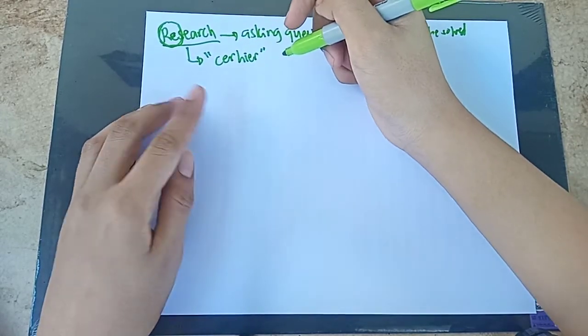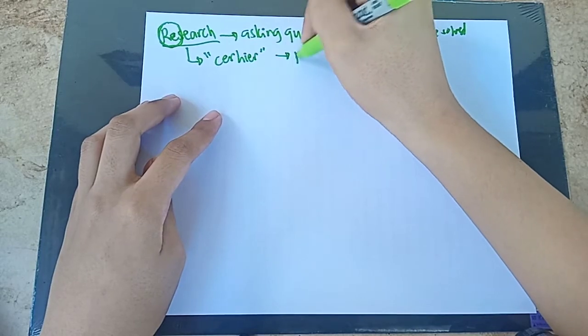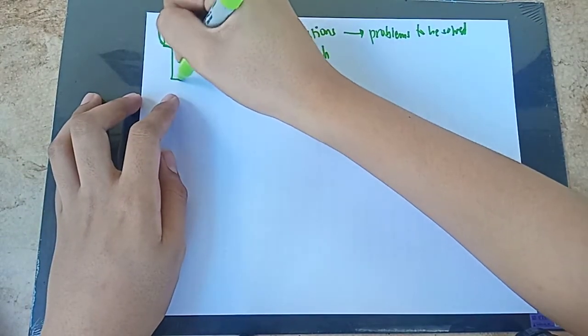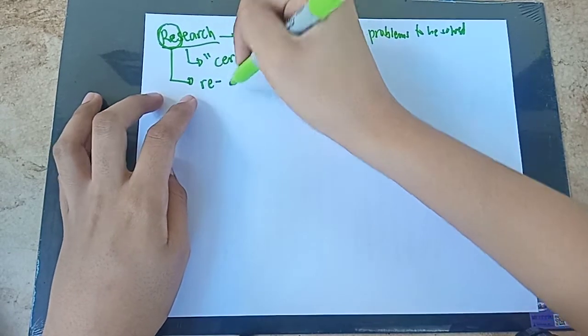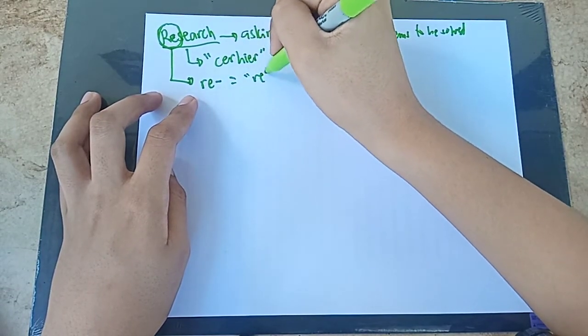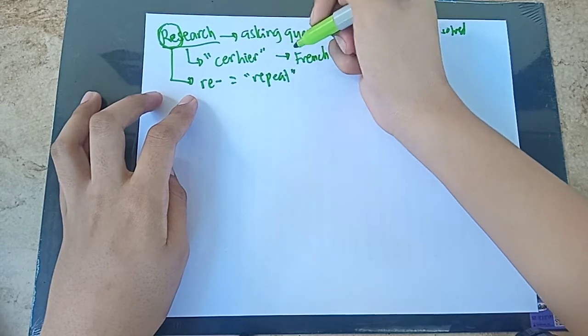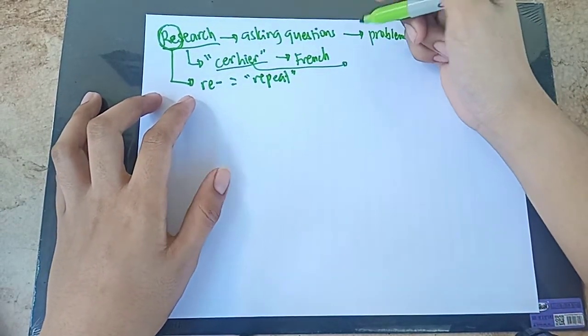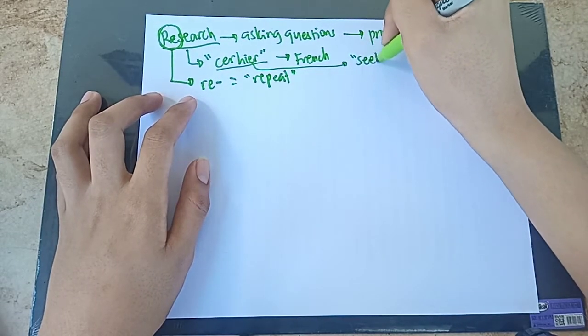Chercher is a French term. The prefix re means to repeat, and the French word chercher means to seek.